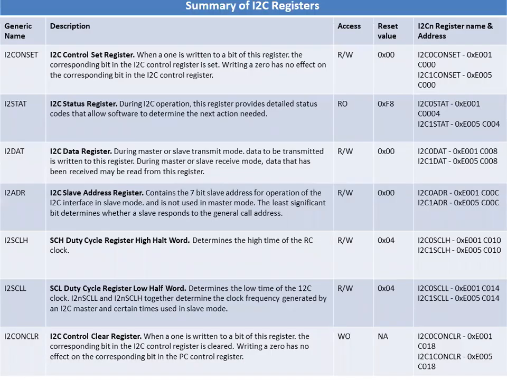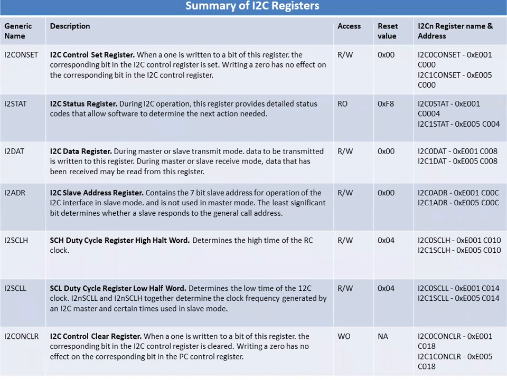Now we can see here the different I2C register names and addresses along with the generic name and the description. I2CONSET, I2STAT, I2DAT, I2ADR, I2SCLH, I2SCLL, I2CONCLR.